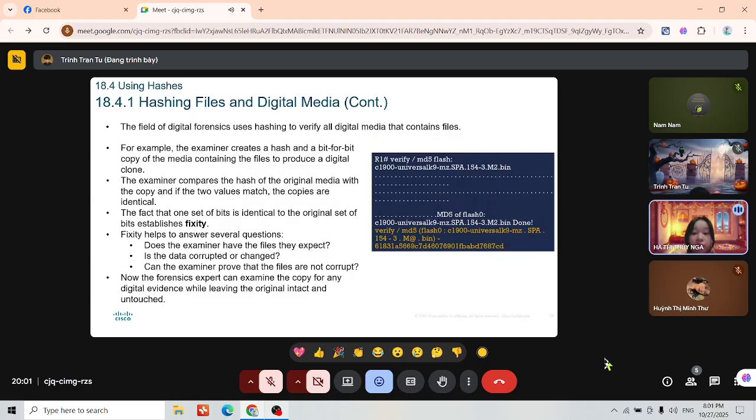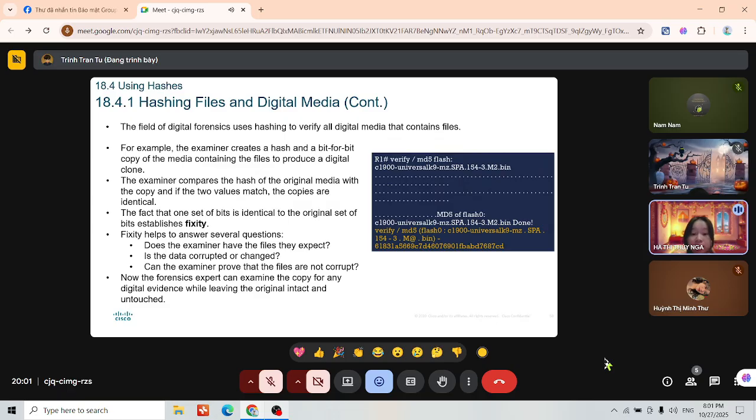Next, in digital forensics, hashing is also essential. Investigators never work on the original evidence. They create a bit-for-bit copy and then hash both versions. If the two hash values match, it proves the copy is identical. No data was changed.